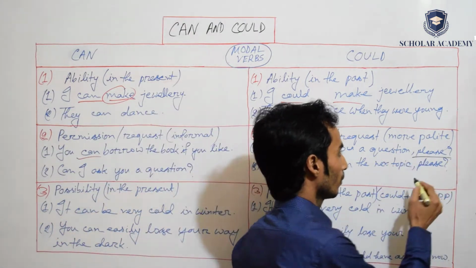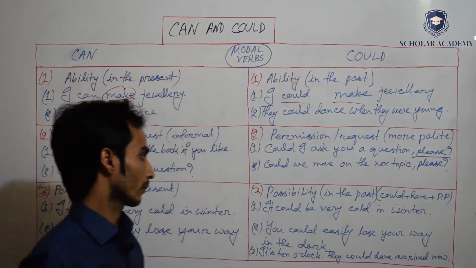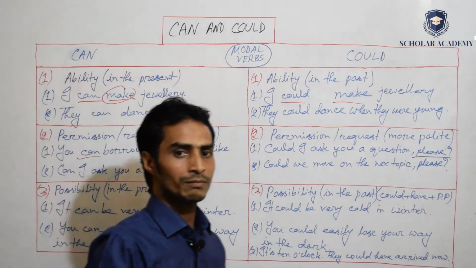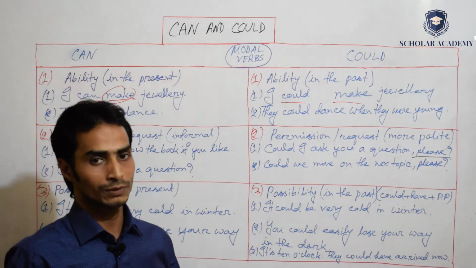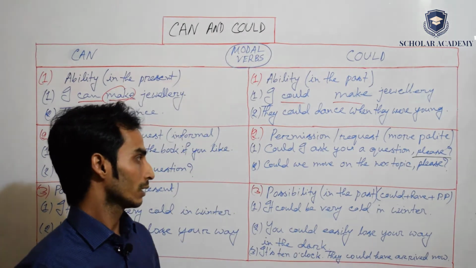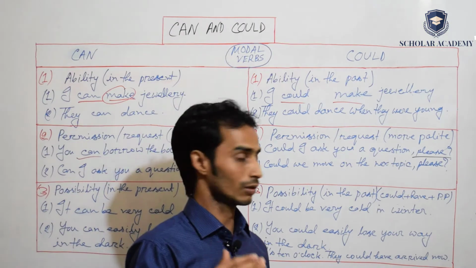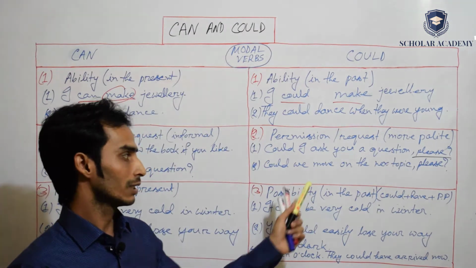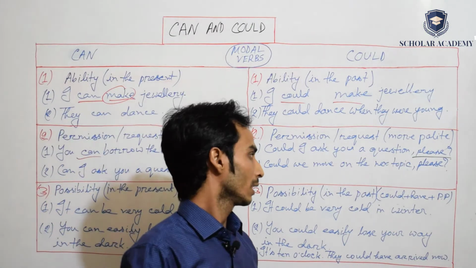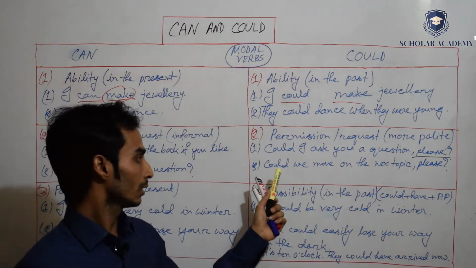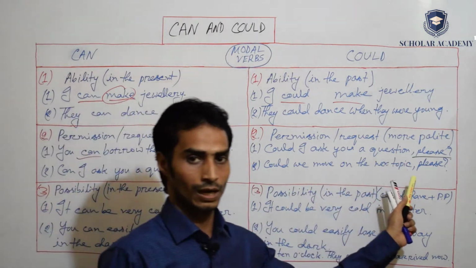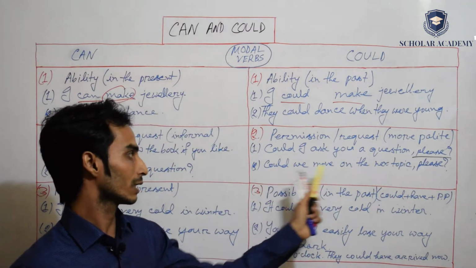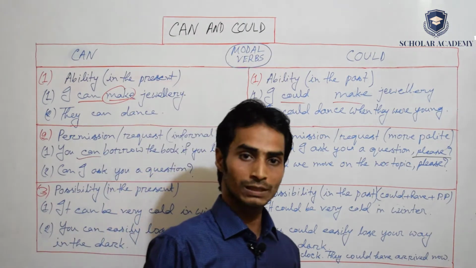Please is a polite word. Could you move on to the next topic? That means maybe you are talking to your teacher, and one of the topics has finished, and if you want to move to another topic, you will ask your teacher in this way, could we move on to the next topic, please?